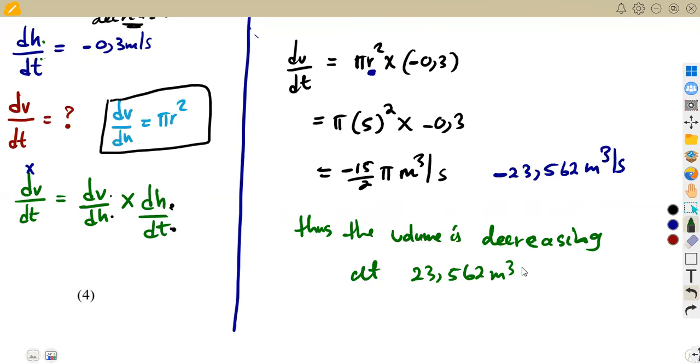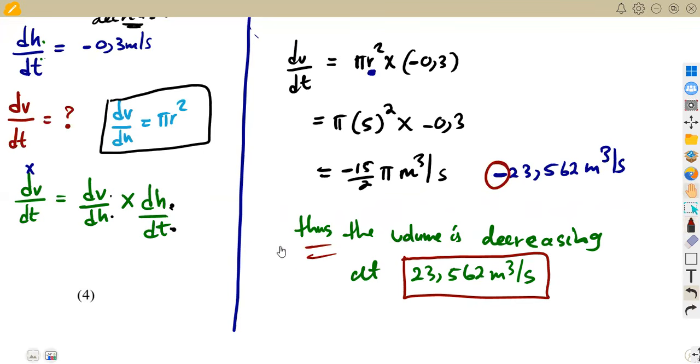Once you write that it is decreasing, there is no need for you now to write the negative on your answer. Once you write that the volume is decreasing at. But if you leave a negative, it shows that your volume was decreasing in this case.